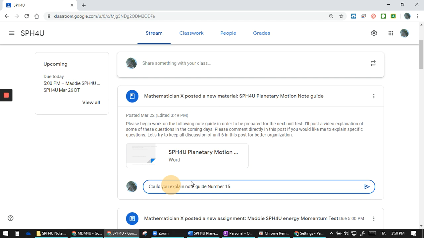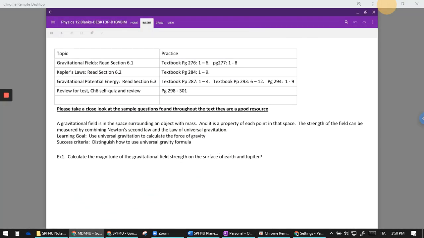You would say, question mark, and you would post it, and then underneath here, I would hopefully either answer the question if it's just a couple of words, or I would make a video and post the video in this location. That way, all the questions concerning planetary motion are in this little section. Okay. All right. So let's get to the note guide here.